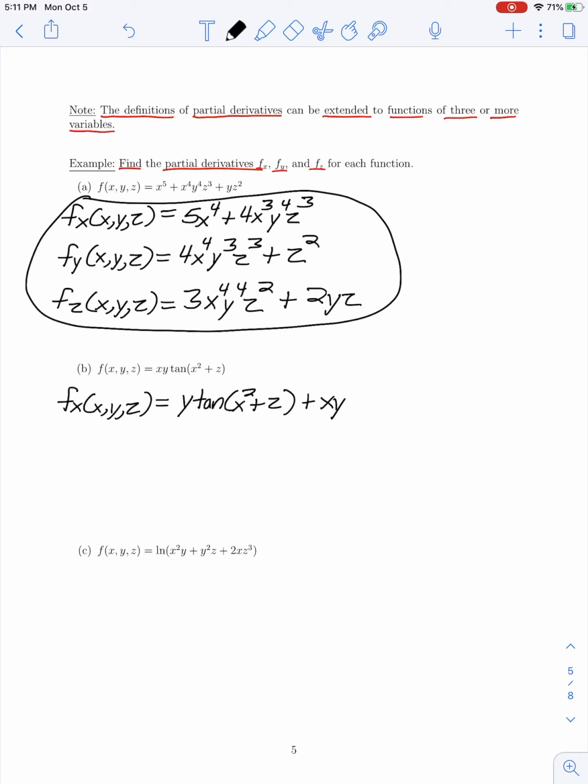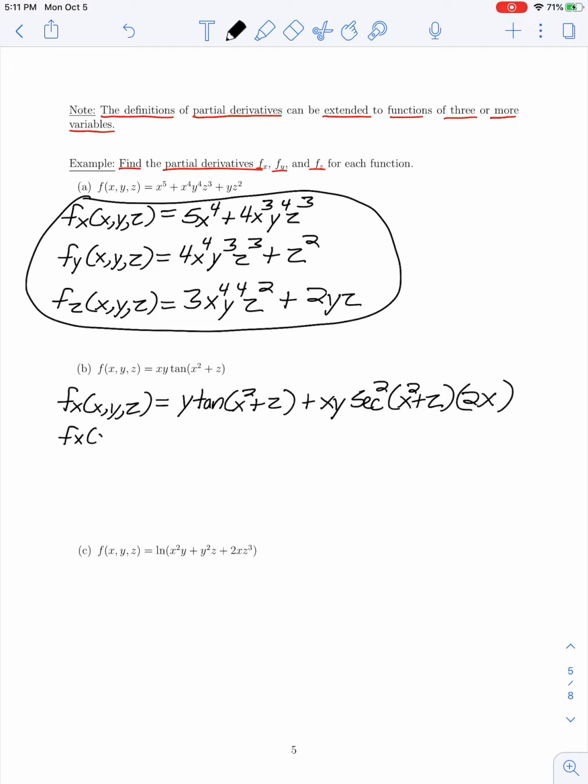Now the derivative of tangent of a function is secant squared of that function. And then using the chain rule, we multiply by the derivative of the inner function with respect to x, which would be 2x.